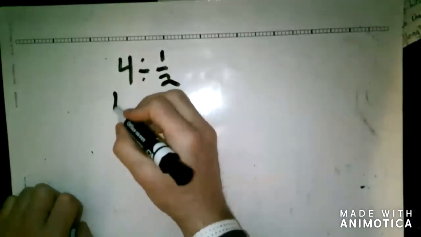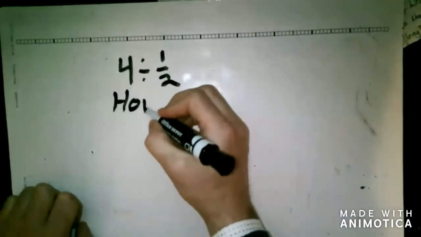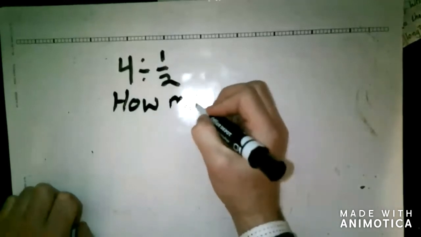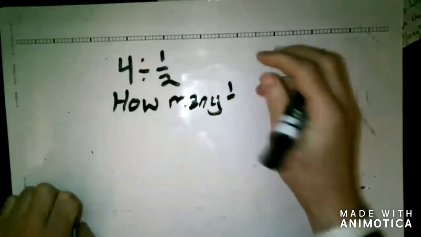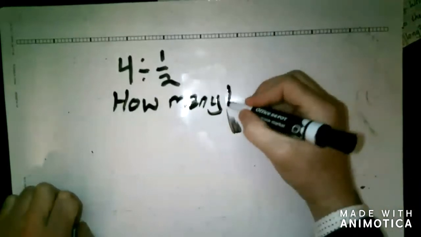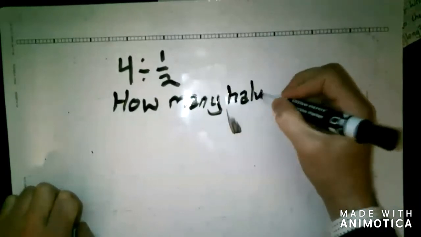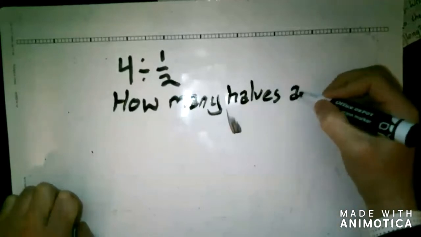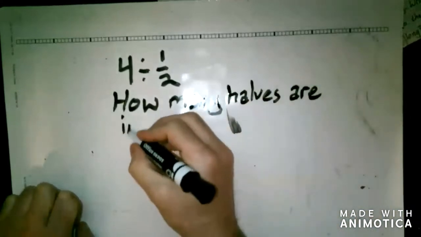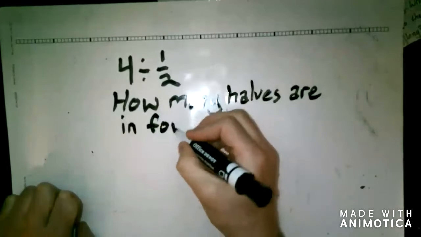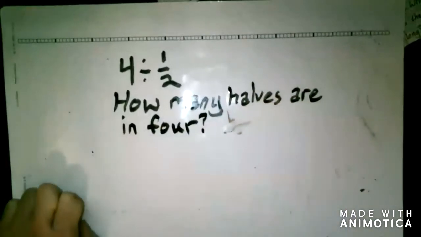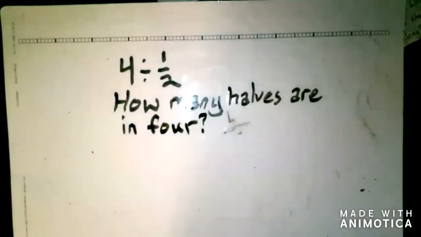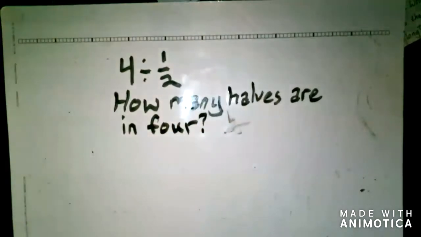This could mean how many halves are in 4? That is what our division question is asking. That's not a word problem yet, or not a story problem. That's just what the math is directly asking.